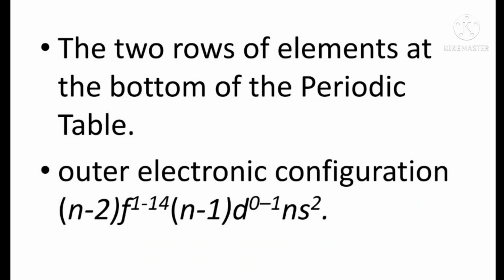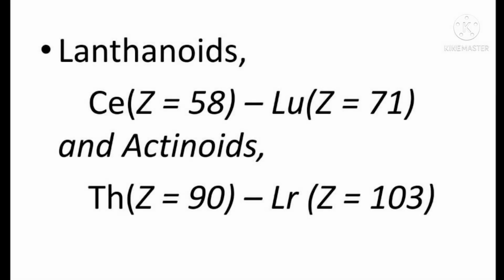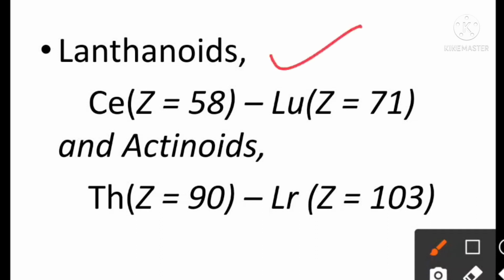So we studied the general outermost electronic configuration of S block elements, P block elements, D block elements and F block elements. There are two types of F block elements. One is called the lanthanoid series, otherwise called 4f block elements.